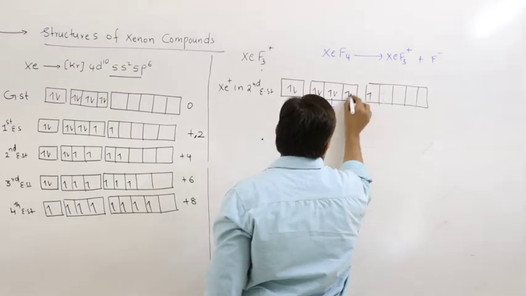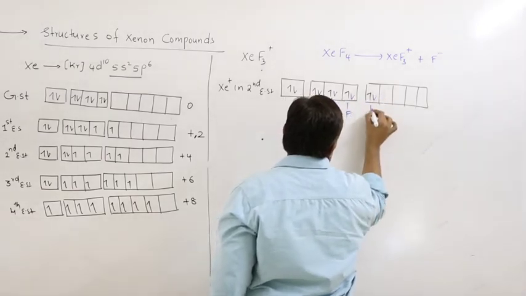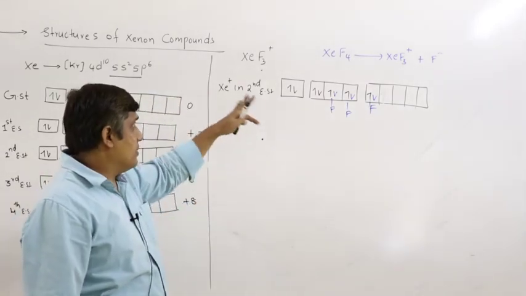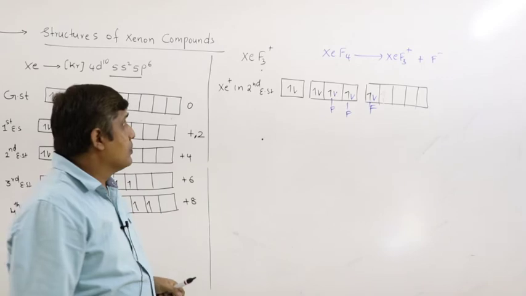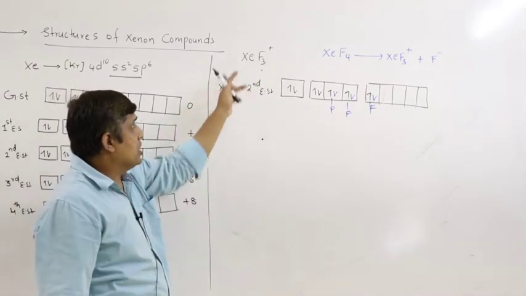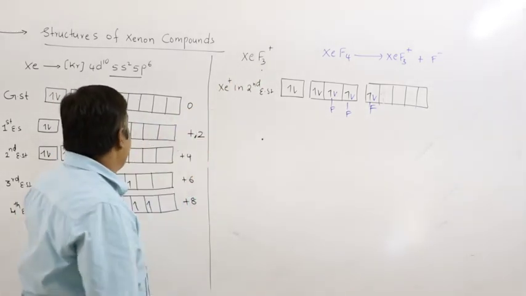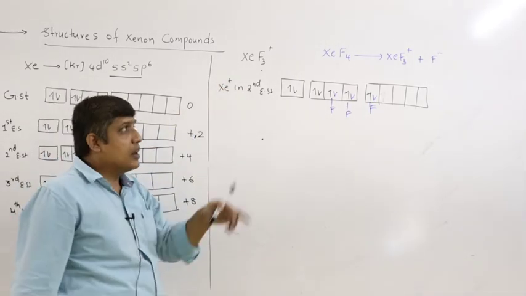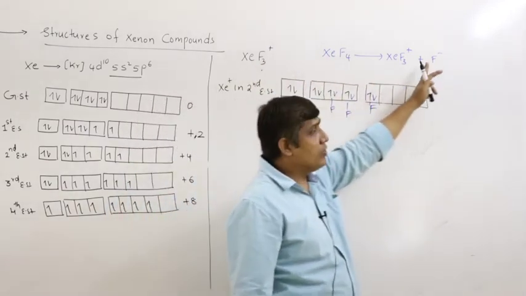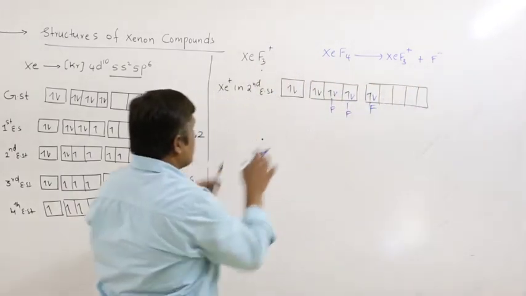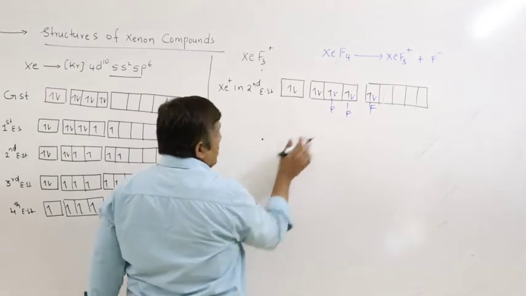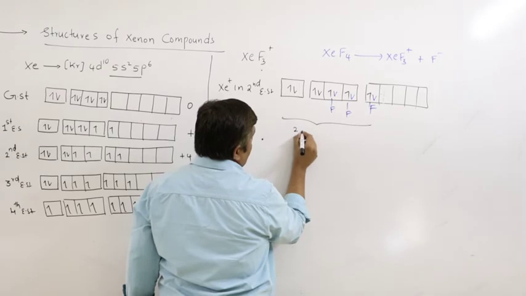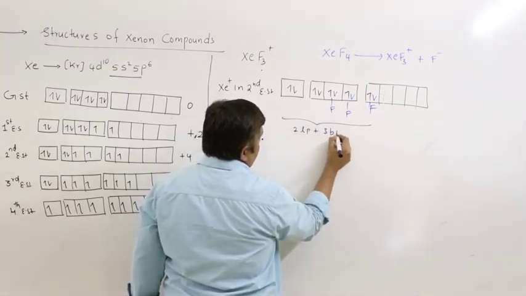1, 2, 3. XeF3 plus. In XeF3 plus, xenon has this positive charge. So ground state it has 8 valence electrons. In plus 1 charge, it has to lose 1 electron because that electron is lost to one of the fluorines. So if you consider this as a bonding, it has 2 lone pairs plus 3 bond pairs.